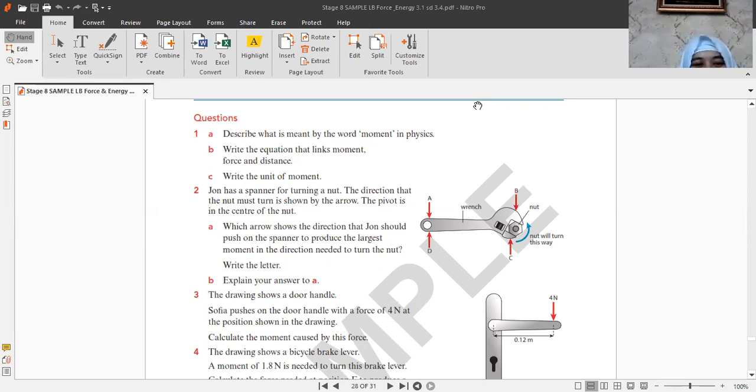Yang pasti moment is one of the derived quantity, satu dari contoh dari besaran turunan, ya. Di mana momen itu menunjukkan besaran, show the quantity that related with the moment, the force and the distance, the point that influenced by the force.